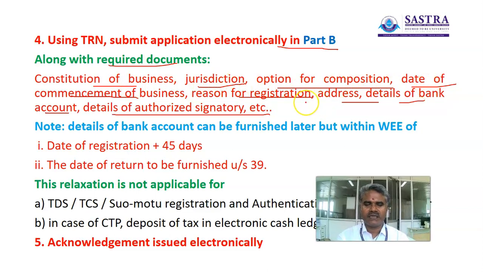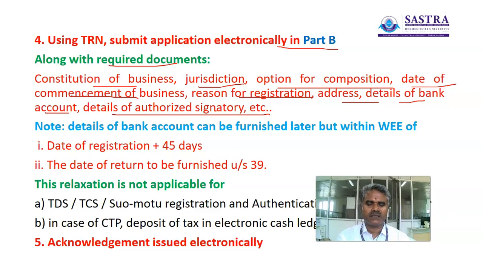Then jurisdiction, option for composition. Do you have any idea regarding composition? You have to give the option. Date of commencement of business: the date on which you started your business. Reason for registration: for what purpose you are going to register your business. Here you tell honestly. You have a right to claim ITC, and once you register your business, you are a taxable person. You are going to supply taxable goods and provide taxable services to your customers.